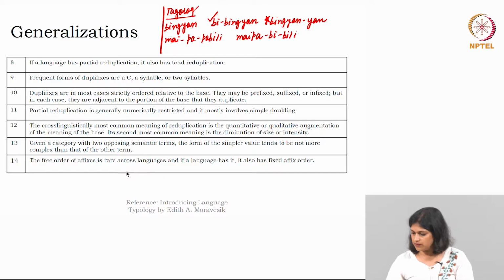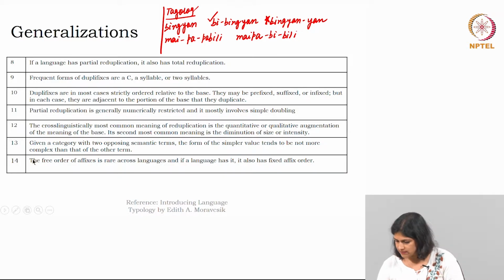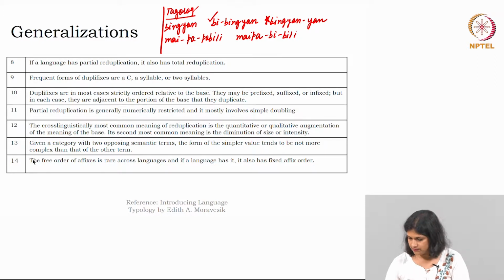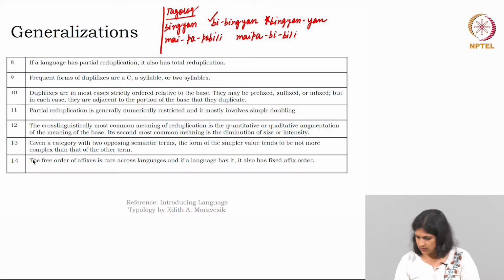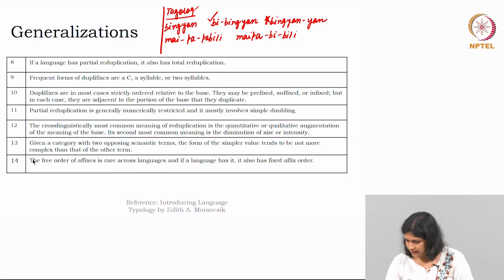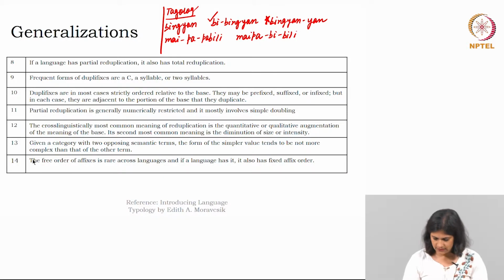Let me think about a word which has multiple suffixes in English, and that will help us to understand this generalization in the morphological typological literature. When I think about multiple suffixes in English, a word like professionally is what strikes my mind for the moment.